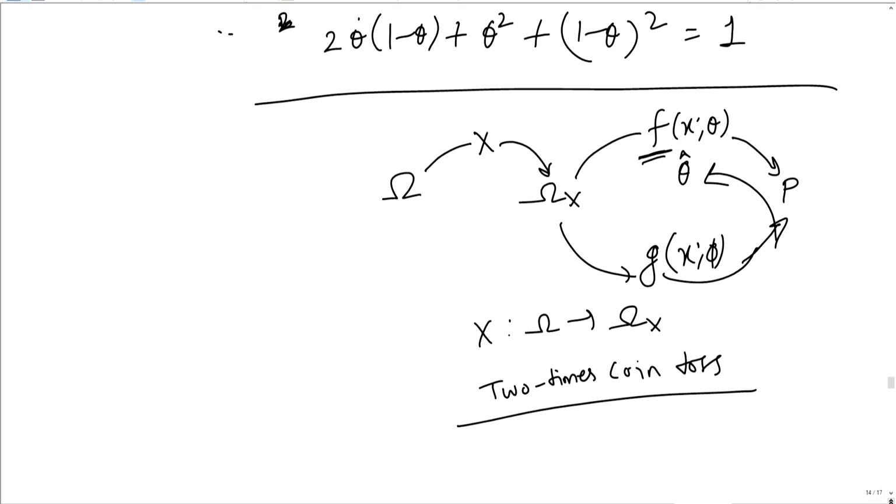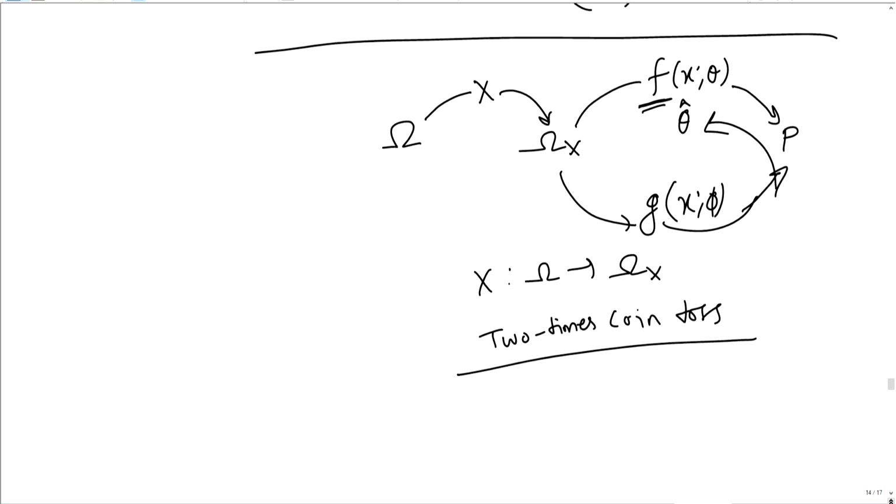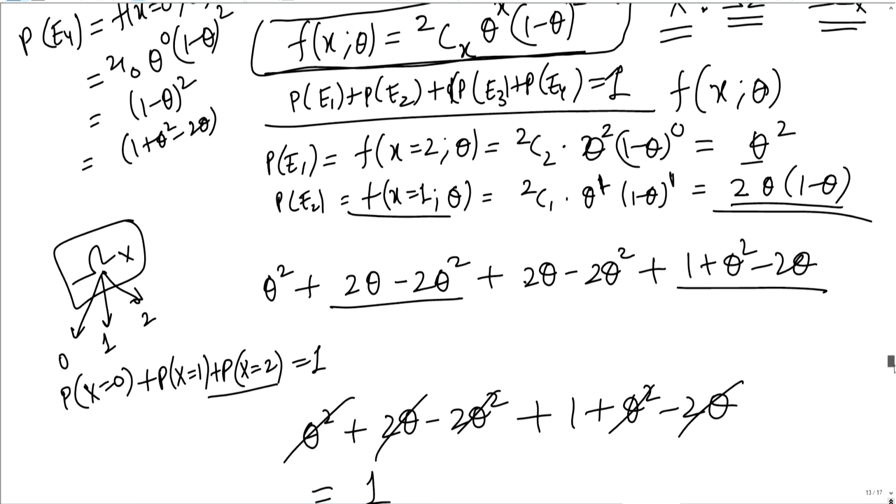Domain is the set of all the possible values that this function can take as its input, and codomain is the set of all the possible values that this function can give as output. Just think about it. What would be the domain and codomain for the 2 times coin toss example? This is a little exercise for you.